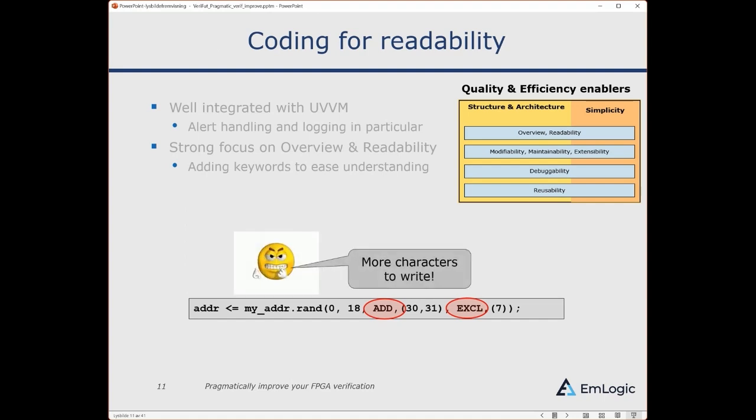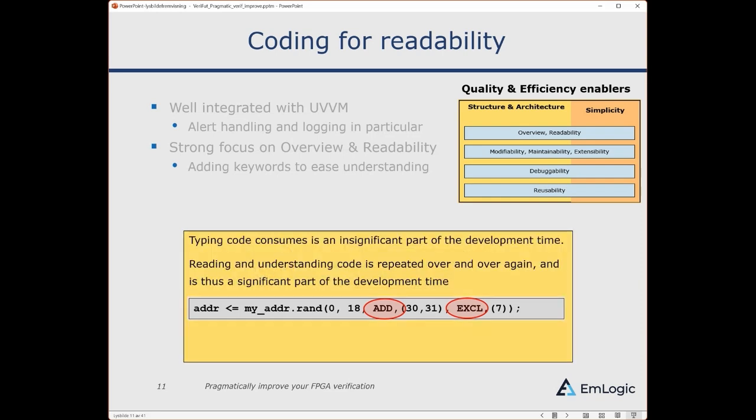But then some people say, well, this means there are more characters to write. You have to write this add and exclude. And yes, that is definitely correct, but typing code like this consumes a totally insignificant part of development time.